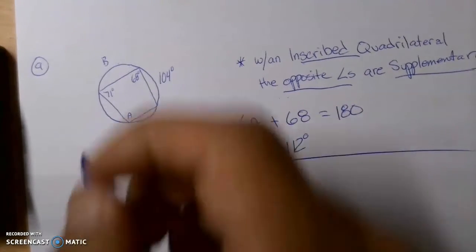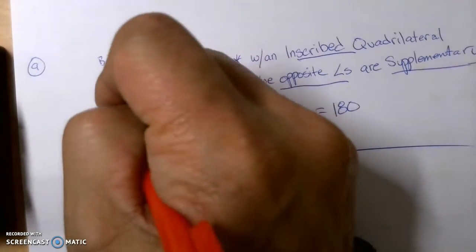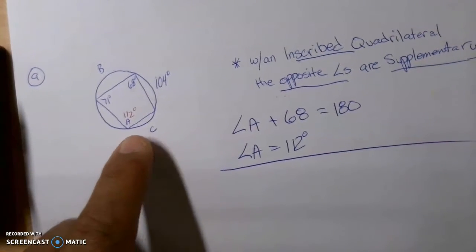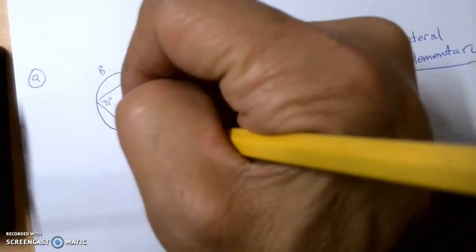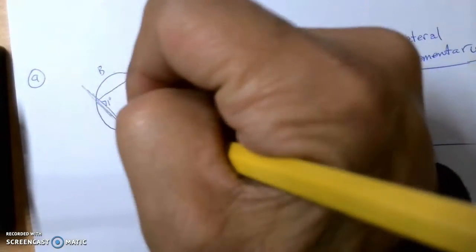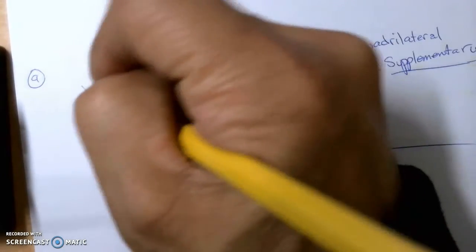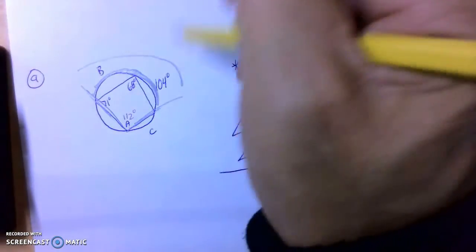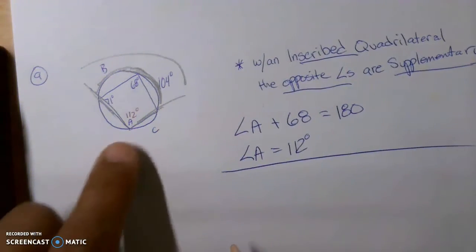Okay. So if this is 112, we're going to use that 112 to help figure out arc B. If I extend angle A out, it hits this shaded arc way out here. Well, this shaded arc, from here to here, is going to be 112 times 2.